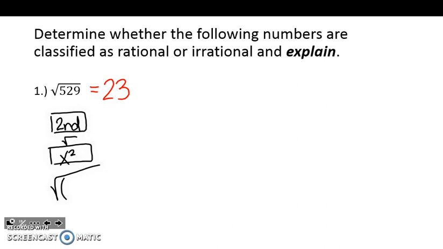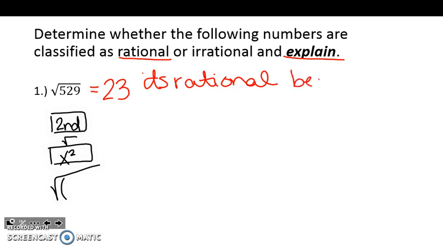Okay, 23 is going to be a rational number. And it's going to be a rational number, we have to explain. It's a rational number and it's rational because it terminates.